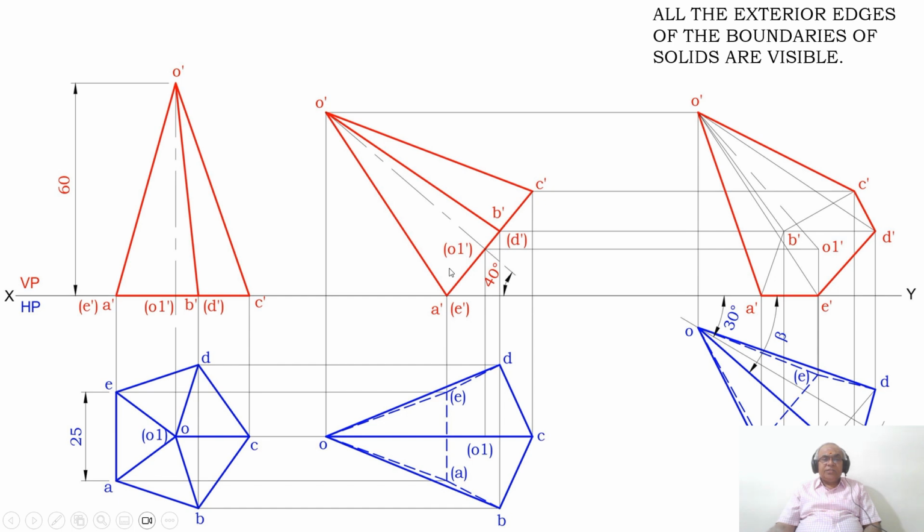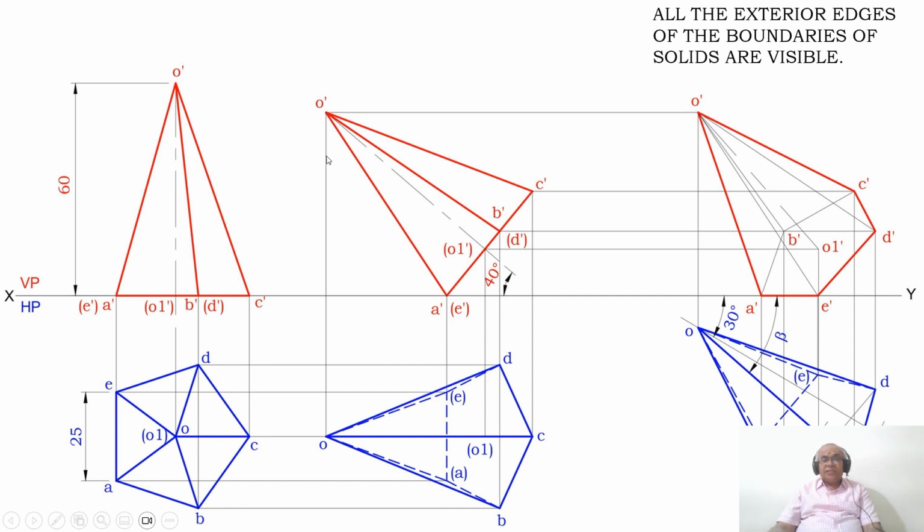Then, since it is inclined to HP, O1 will be in apparent length.